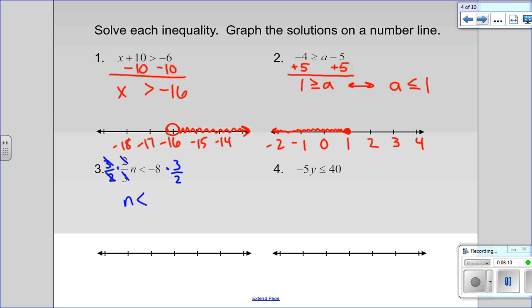It remains in the same direction, this time less than. When we cancel and multiply, we get n is less than 12, and we can graph that on our number line. Since it's less than, we do an open circle, and then we shade all the values left of the 12.